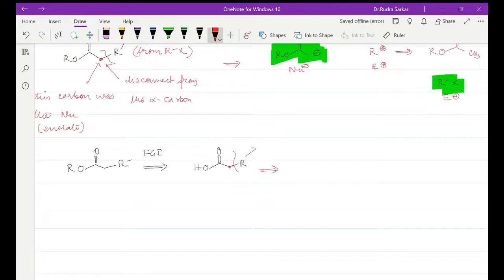So this is our electrophile, and then obviously this is going to be our nucleophile, and we are disconnecting at the alpha carbon.